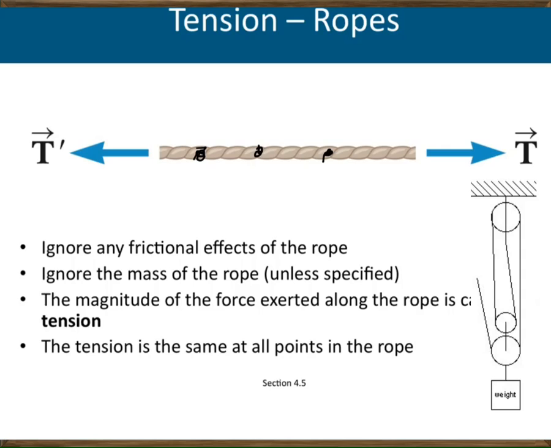If you are pulling a rope from this end with a tension T, then the same tension happens on the other side but in the opposite direction. Okay? A question for you.